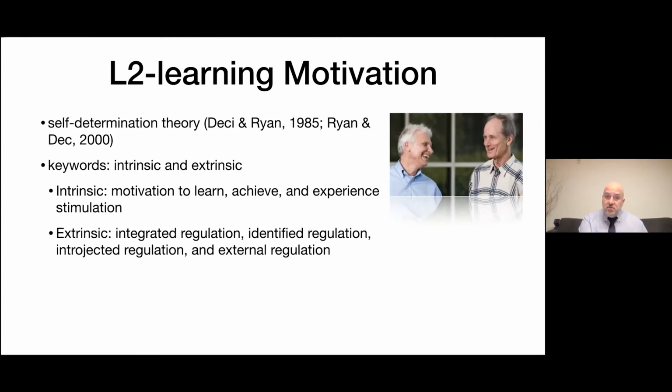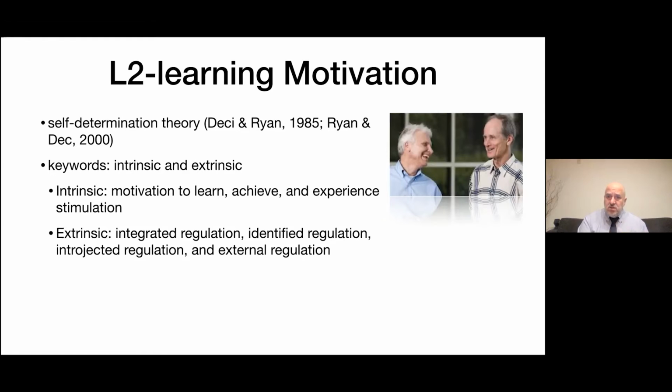The other part of the theory is extrinsic motivations. These can be considered on a continuum of different types of extrinsic motivations based on how self-determined you are. More self-determined, more within you, that desire to learn the language would include integrated or identified regulations.